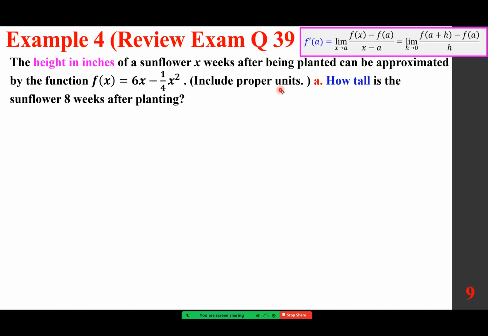So part A is elementary algebra. Can anybody tell us what we should do for part A? What do you think we should do? Just plug in f of 8. So that means 6 times 8 minus 1/4 of 8 squared.